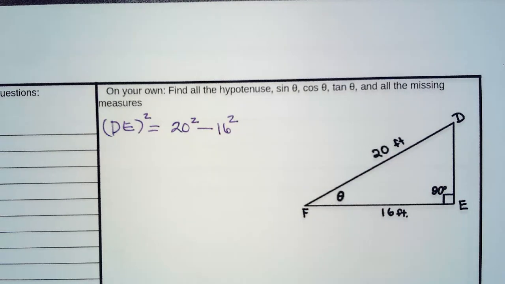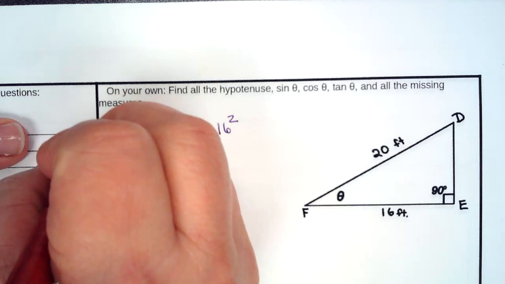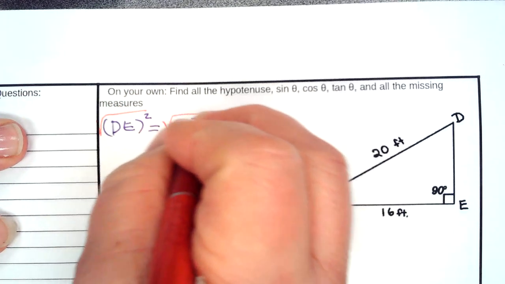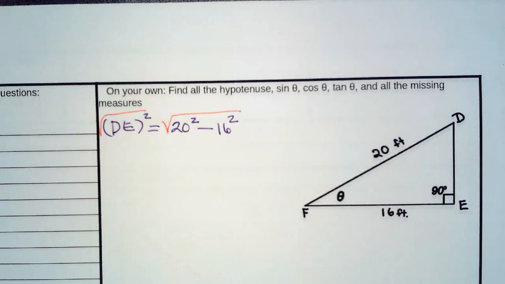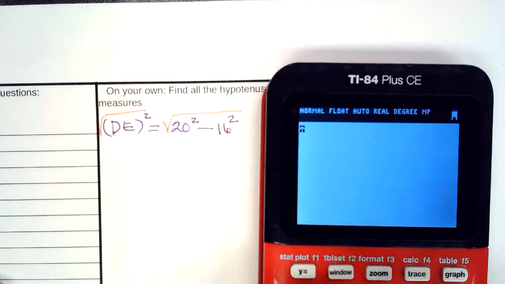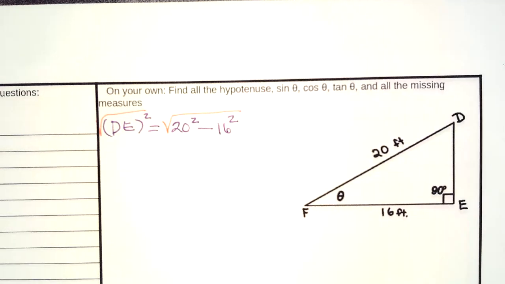Now, as I'm looking at these numbers, I realize that they're all even. So I know that I will have to simplify my fractions. Square root both sides. Second, x squared, 20 squared minus 16 squared, and I end up with 12.